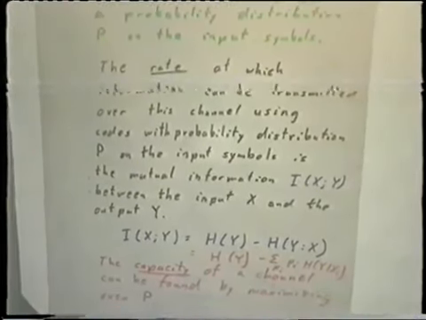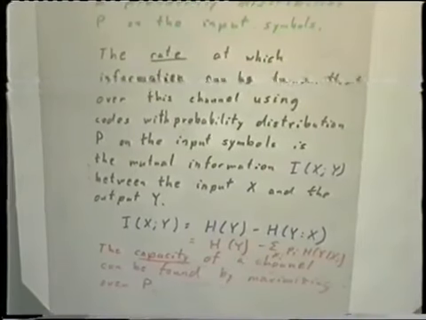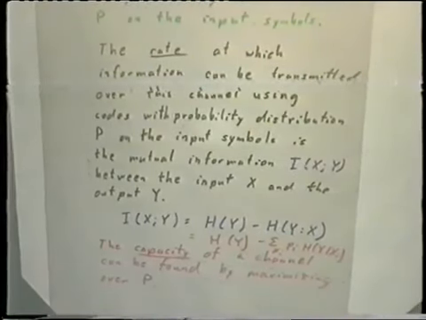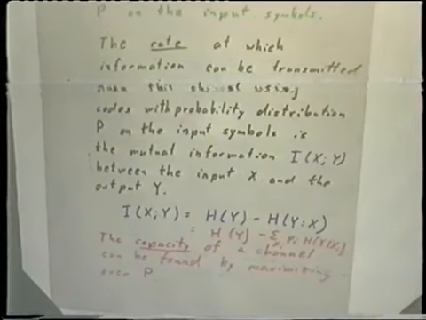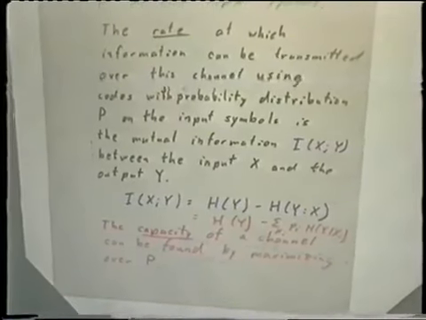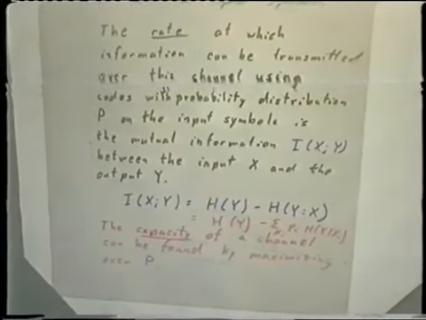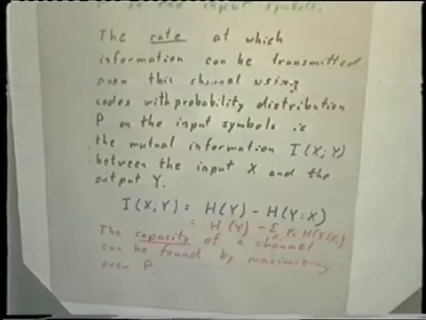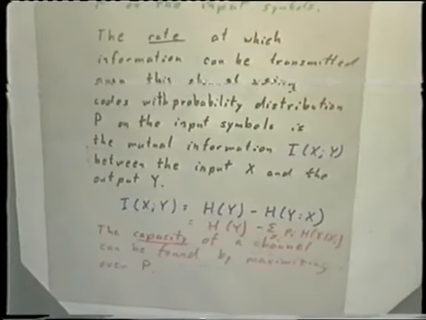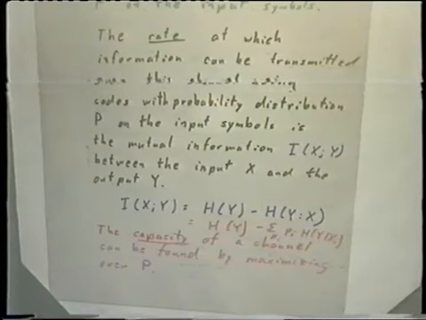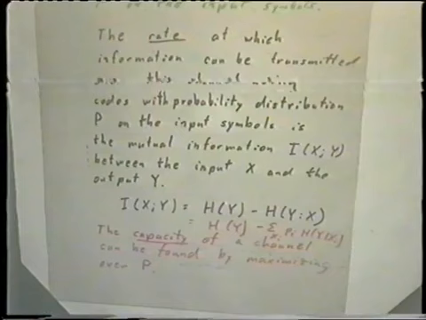if you choose a probability distribution P on the input symbols, just the mutual information between the input, which is a random variable, and the output, where mutual information is the entropy of the output minus the entropy of the output given the input, which can also be expressed in several other ways.